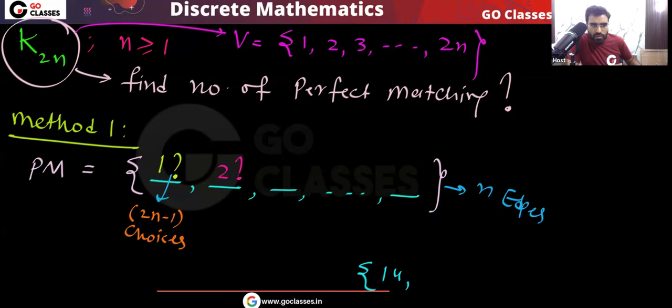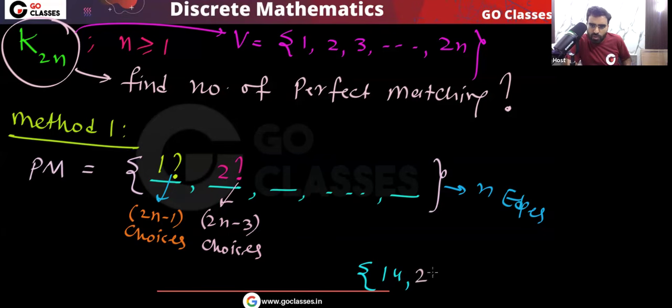Correct? Now, for this 2, as a partner, how many choices are there? I cannot choose 1. I cannot choose 4. So 2n minus 3 choices are there, because the remaining vertices are 2n minus 2. Is this clear?